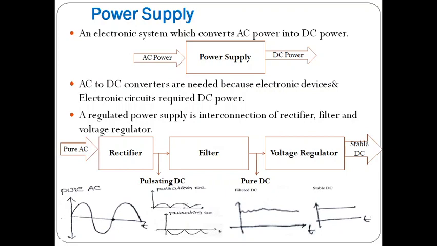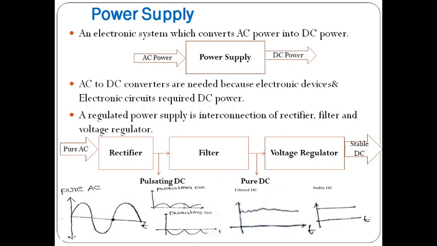Your mobile charger is nothing but a power supply. You supply AC power as input, and your mobile charger output is DC power, which is given to your mobile. So your mobile charger contains this rectifier block, filter block and voltage regulator block.